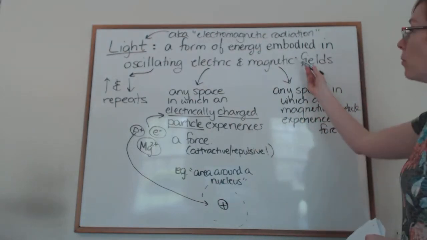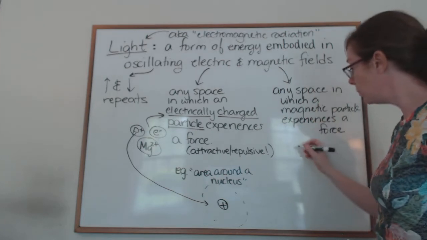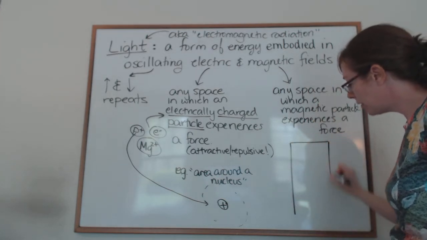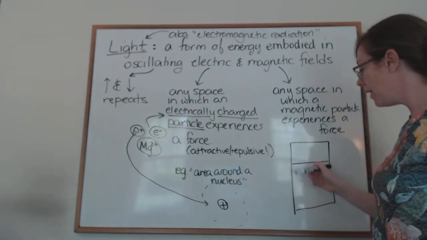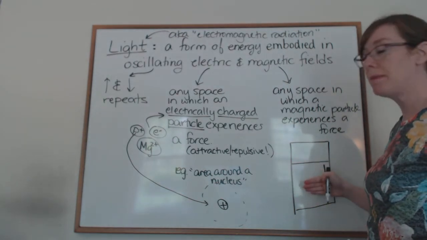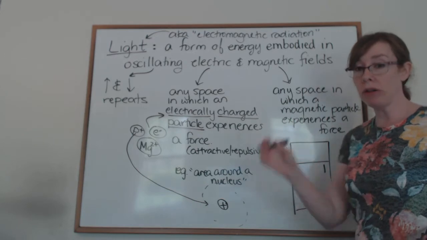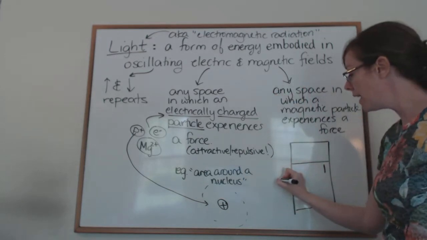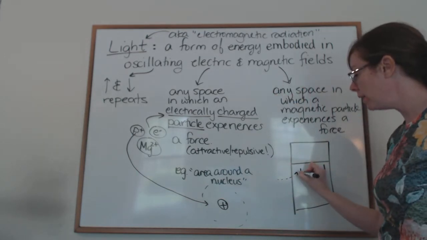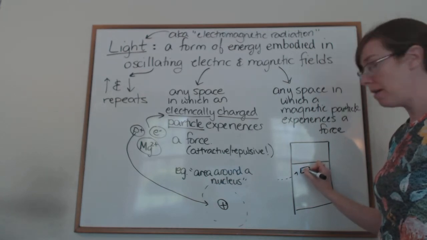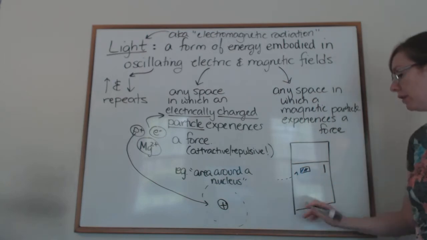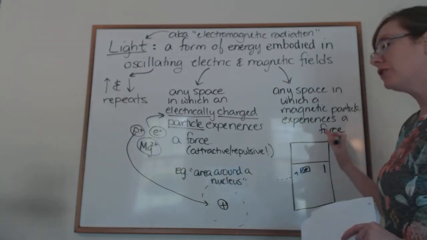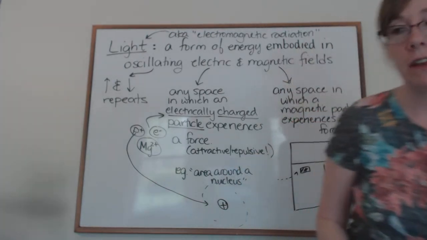But let's talk about what a magnetic field would be. Something like your refrigerator. The area around your refrigerator would be a magnetic field, because a magnetic particle, like a magnet, as it approaches that area, will experience a force. If it's a magnet, it'll experience an attractive force to your refrigerator because of the metal. So that's just an example of what a magnetic field is.